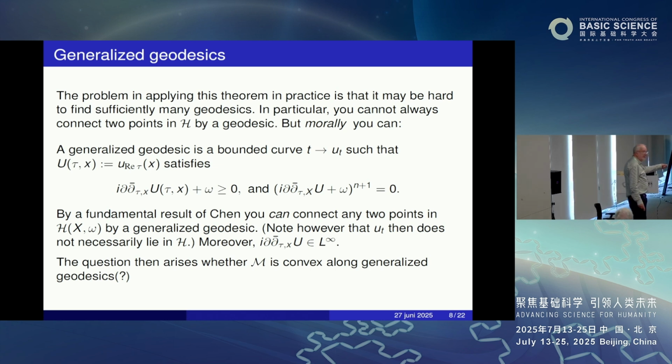You don't know, at least, if it lies in the space, because it's just a bounded function, and you don't know that it's strictly plurisubharmonic on the space X. So this poses some problems, and in particular, the problem that I'm going to discuss is whether the Mabuchi K-energy is still convex along such generalized geodesics, because that would be more useful in practice then.